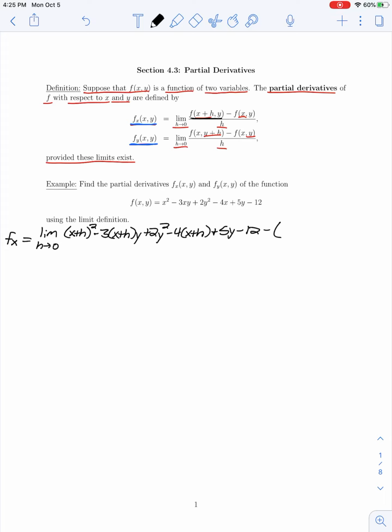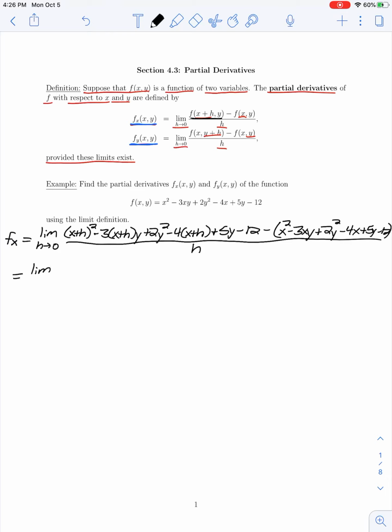So that is, we're subtracting the function itself, x squared minus 3xy plus 2y squared minus 4x plus 5y minus 12. And this entire expression is being divided by h.